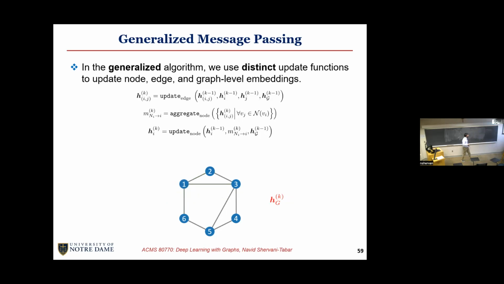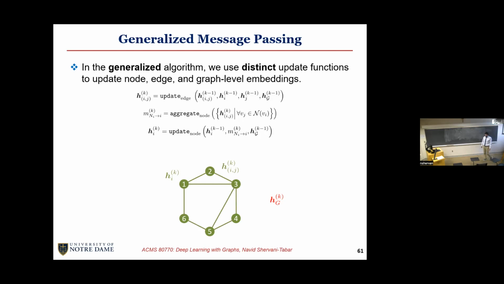Next, we have the embedding for the graph that we would like to update. So far, we have updated the embedding for all the nodes in the graph. We have updated the embedding for all the edges in this graph, right? So we just construct a multi-set of all node embeddings. And then we construct a multi-set of all edge embeddings.